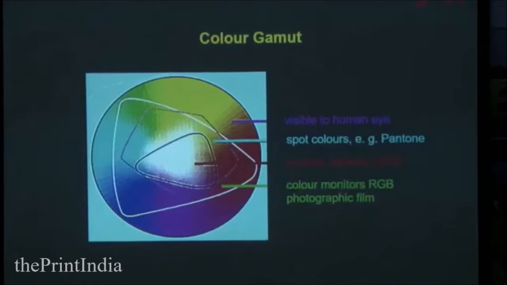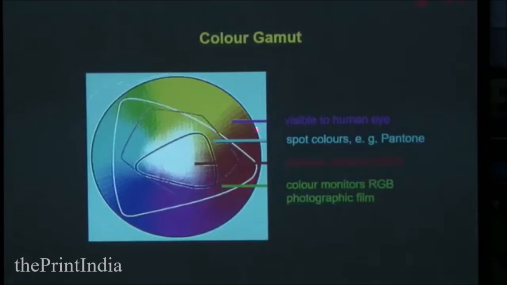Then we work out what the gamut is. Once we get all this information, gray balance, tone, dot gain, everything, then we make the profile. Then we know what gamut we are covering. Then we can compare, on the same machine with different papers, how the gamut is changing, how the tones are compressed. So this is just a comparison.